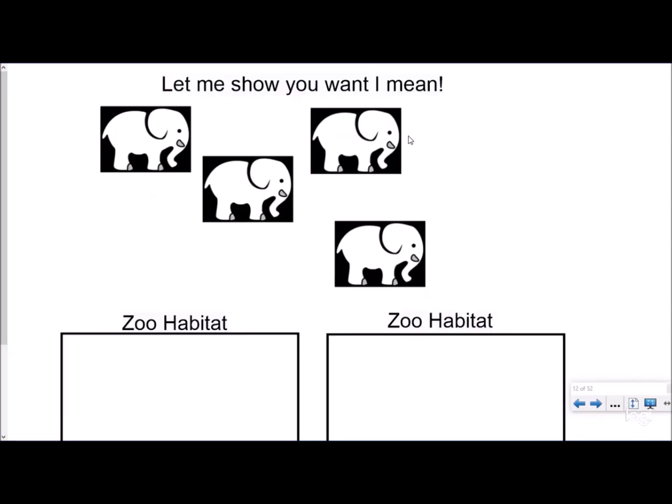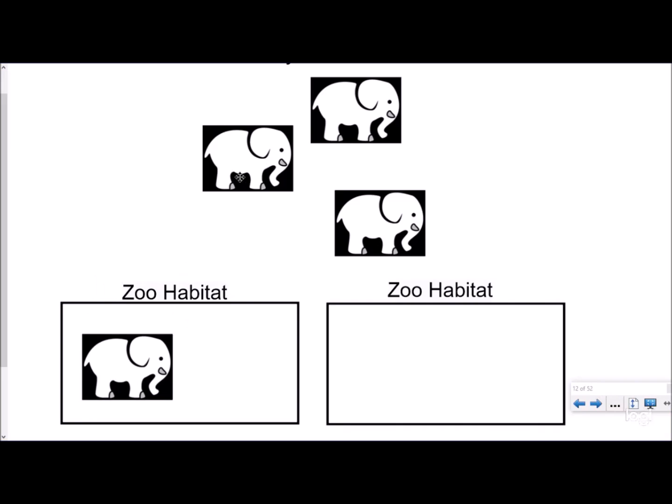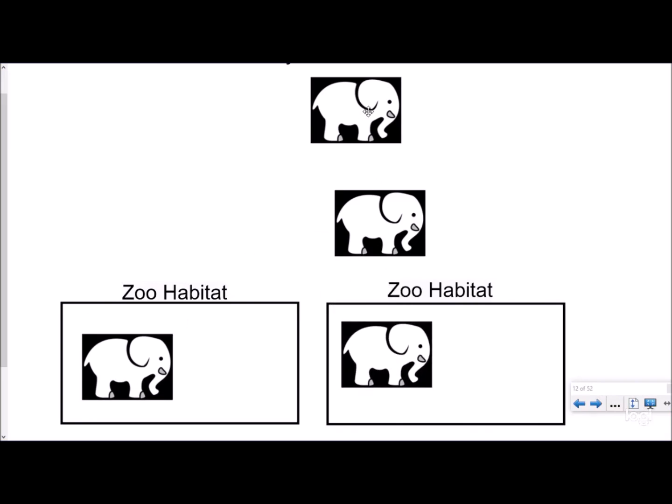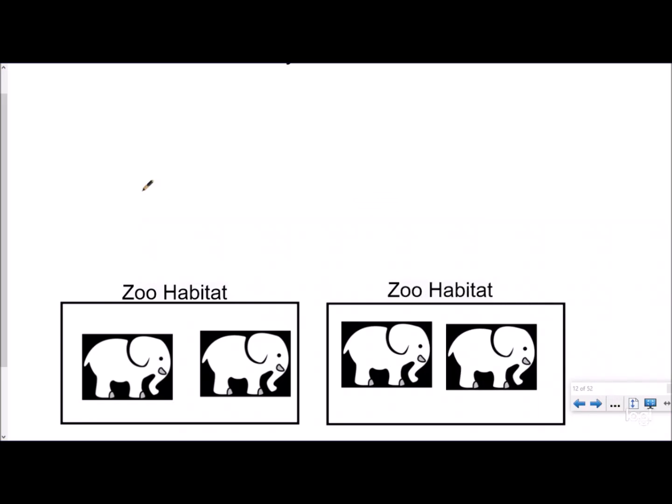Let me show you what I mean. So I have 4 elephants here, and I'm going to scroll down a little bit, and I want to split them into 2 zoo habitats. So I'm going to take my elephants and split them equally right here. And so what I just did, I drew my blank division equation here.